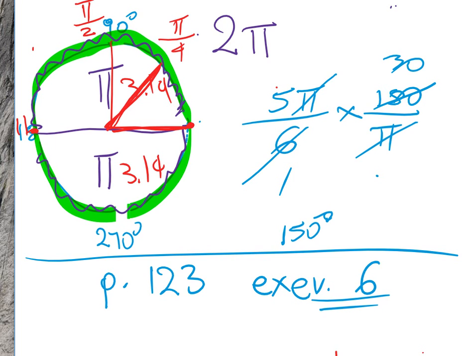At the same time, you can watch the video I have uploaded on the website where there is a trick how to remember where is the pi divided by 2, pi third, pi fourth, pi sixth, or 11 pi divided by 4.